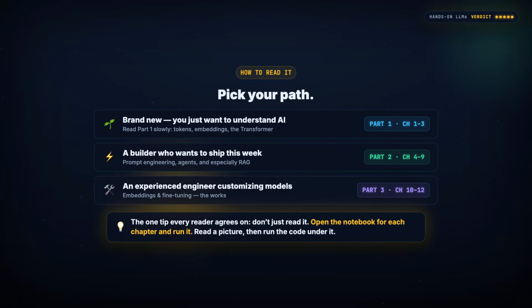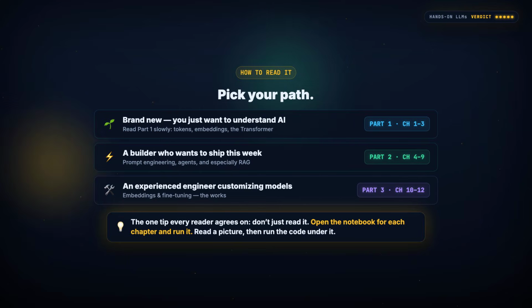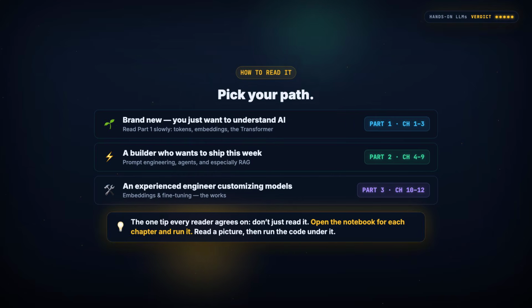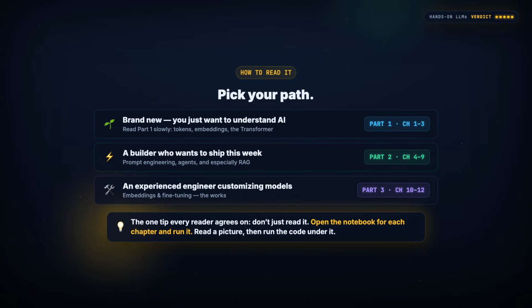If you're a builder who wants to ship something useful this week, jump to part 2, so prompt engineering, agents, and especially the RAG chapter. That's the part that turns into real products. And if you're an experienced engineer who wants to train and customize models, part 3 is your home. Embeddings, fine tuning, the works.